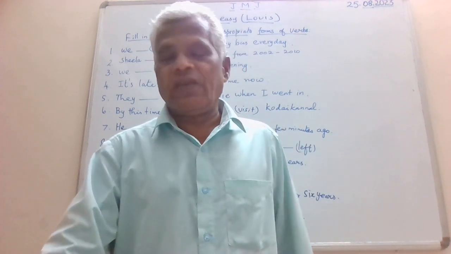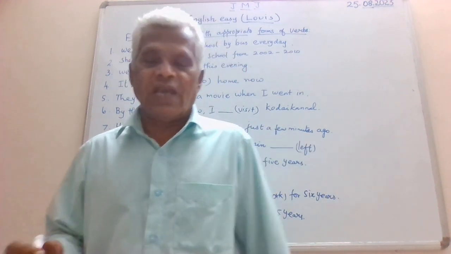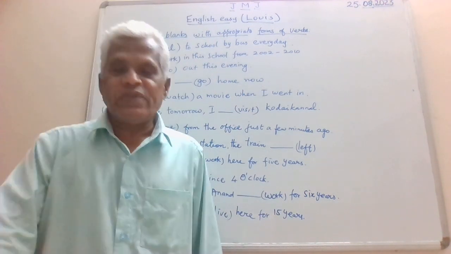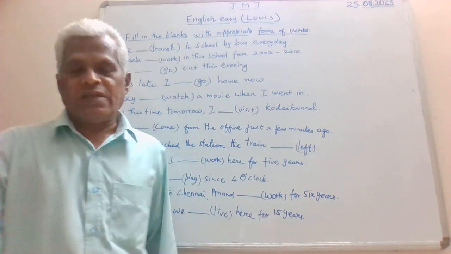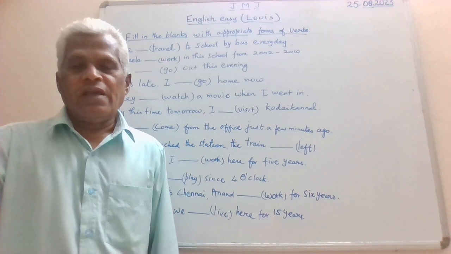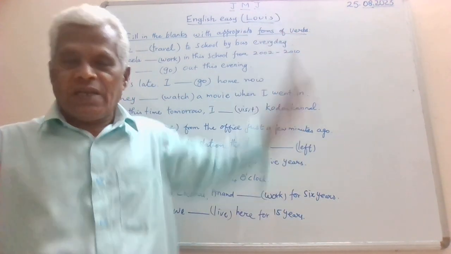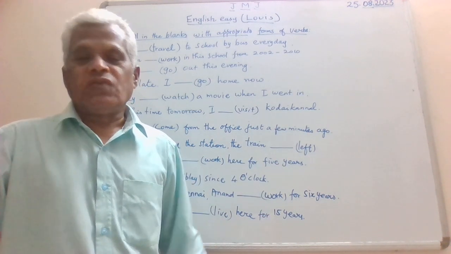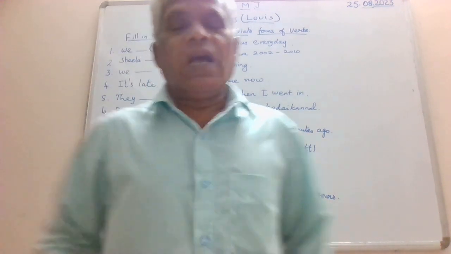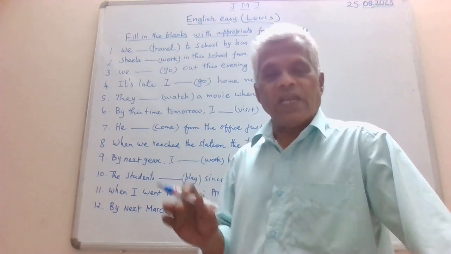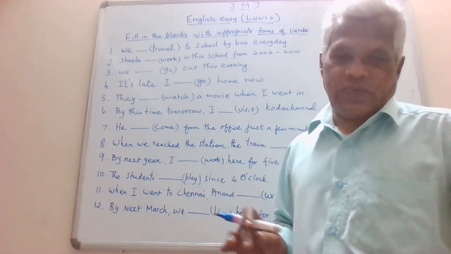Okay guys, so we will go to the video straight away because I have written the examples in all the 12 tenses. And of course, I have written them in an order so that it will be easy for you to underline or find out the correct forms of the verb.